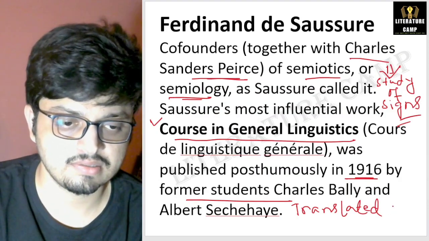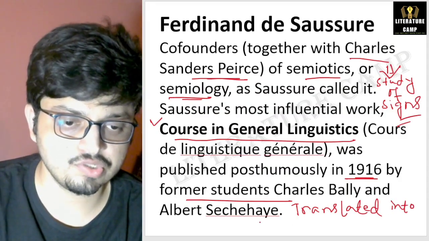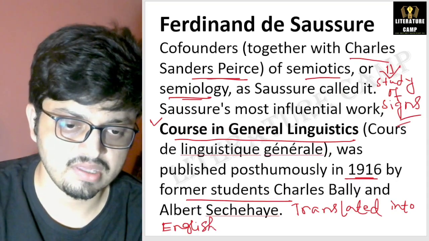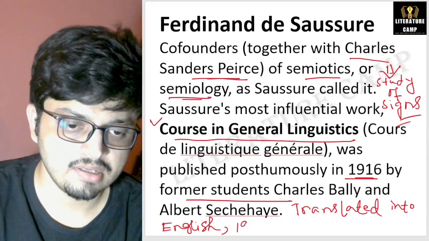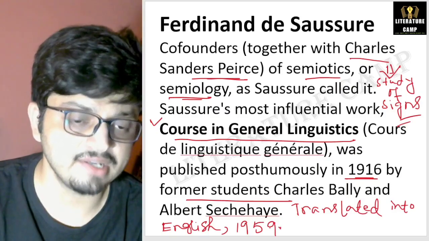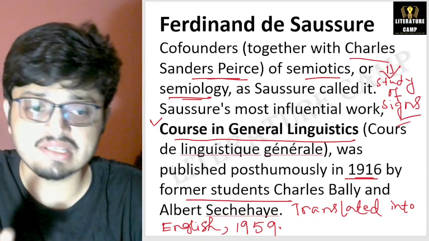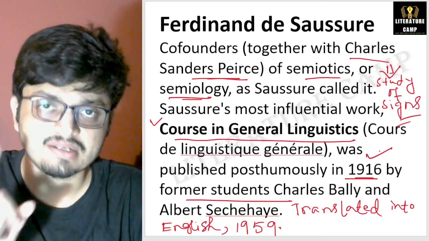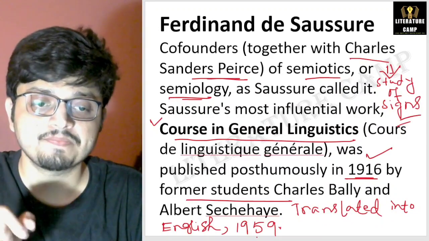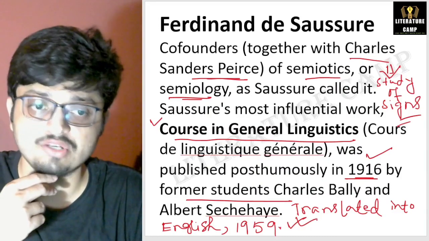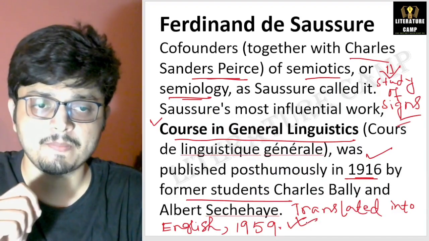Translated into English in 1959. So definitely this question also can come. It was published posthumously in 1916, but translated into English in 1959. This is something that we need to keep in mind.